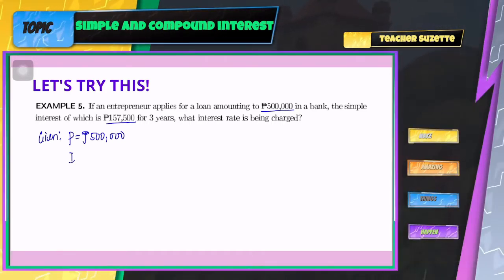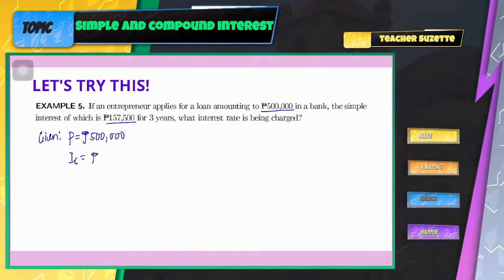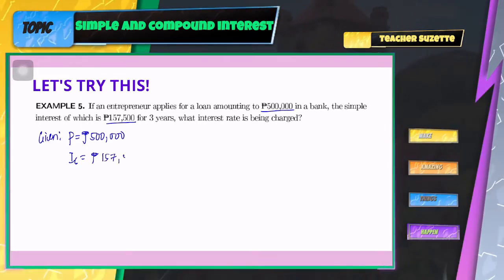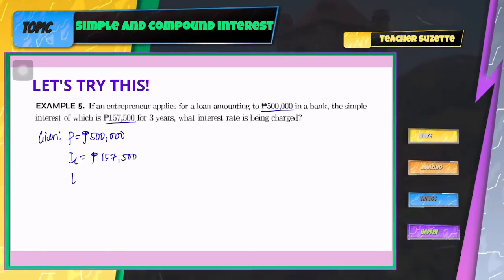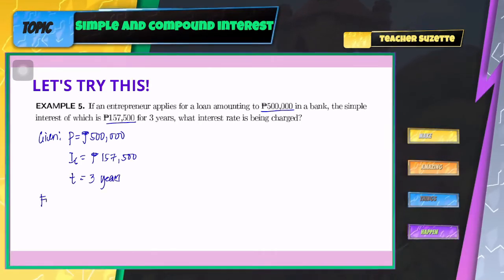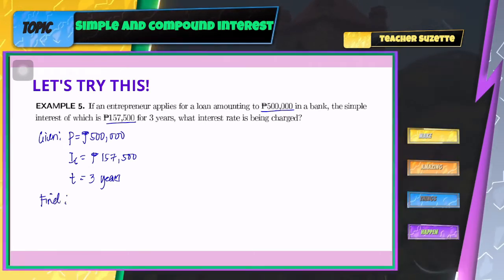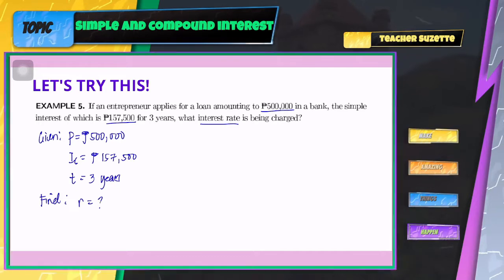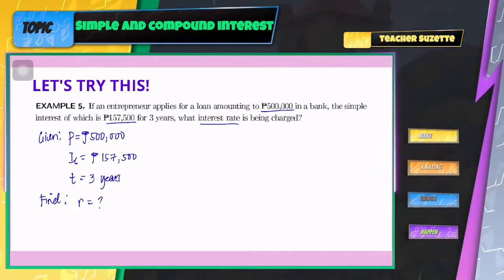And meron tayong interest na ma-accumulate niya, which is 157,500 in 3 years. So, ang tanong is, magkano or ilan pala? Ilan yung ating interest rate? So, we're looking for the percentage.